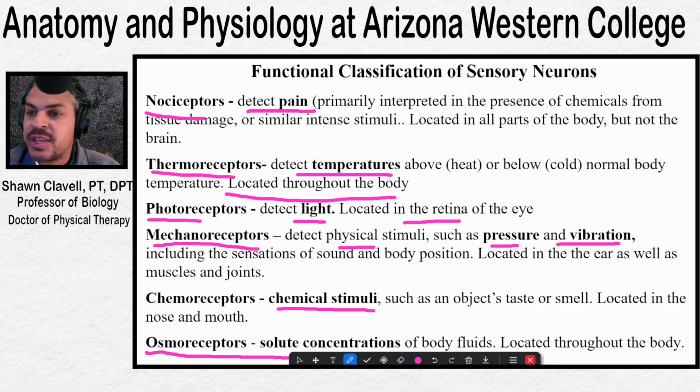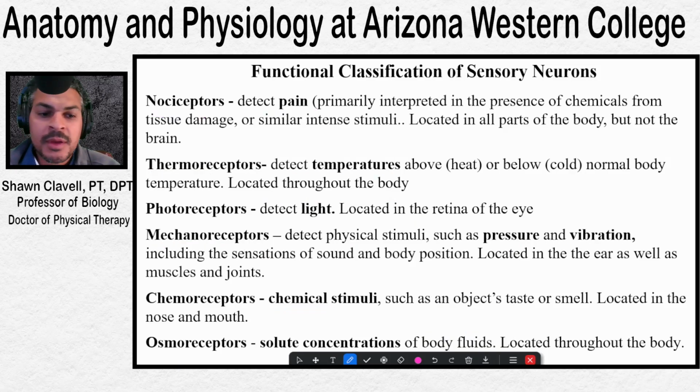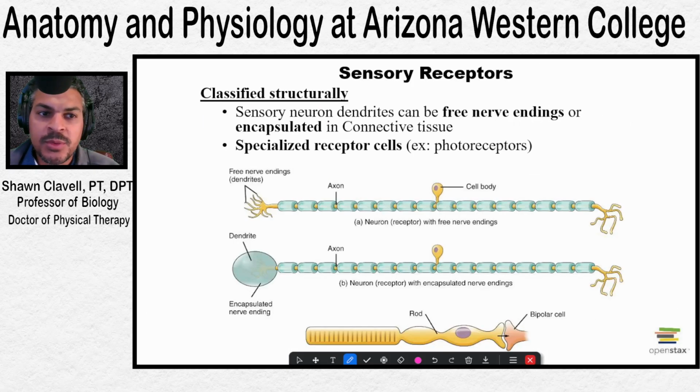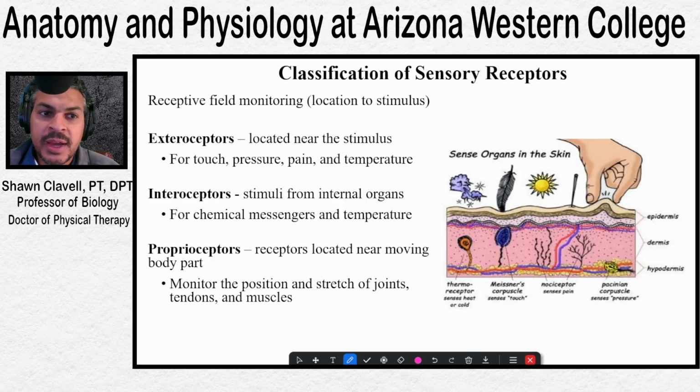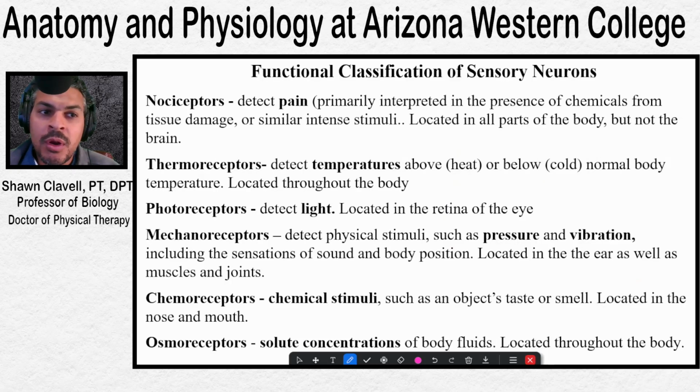So as we get into our introduction of the somatic nervous system, again, it's important to identify the important classifications of receptors, whether they're classified structurally into encapsulated or free nerve endings, whether they're classified by their location to the stimulus, exteroreceptors, interoreceptors, or proprioceptors, or whether they're functionally classified as it relates to what they're monitoring, right?